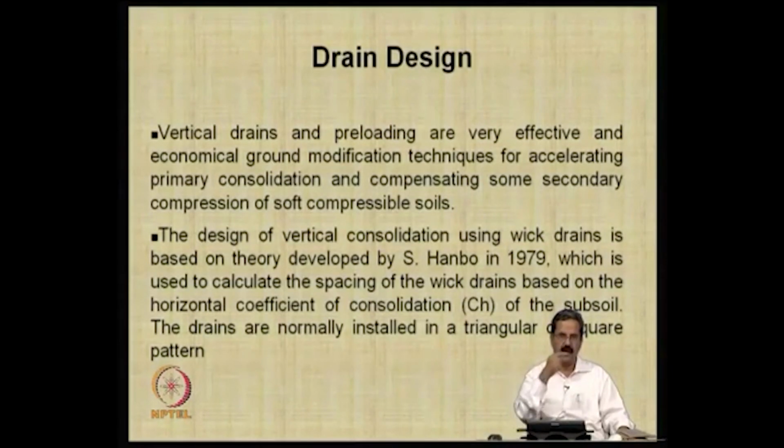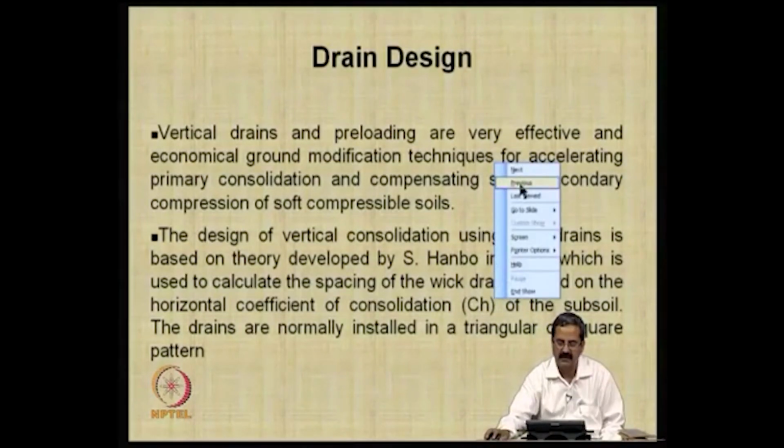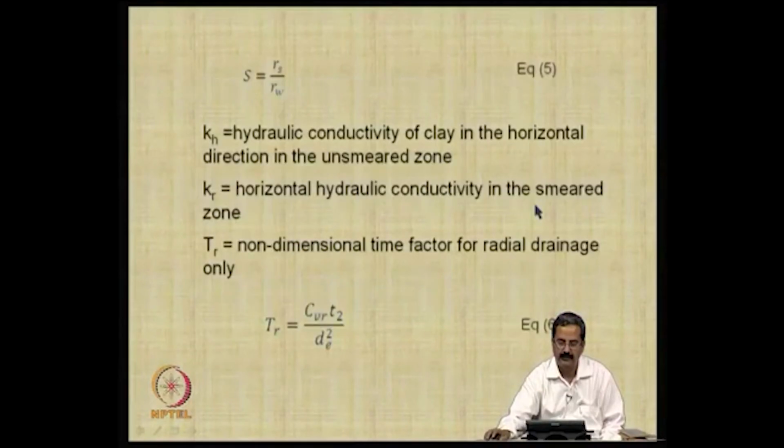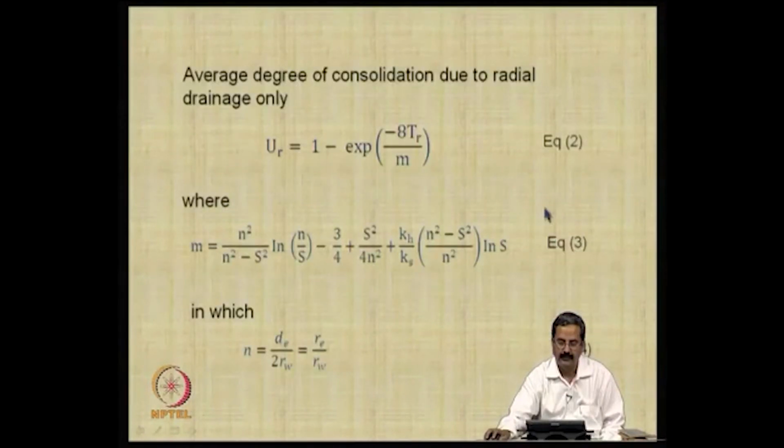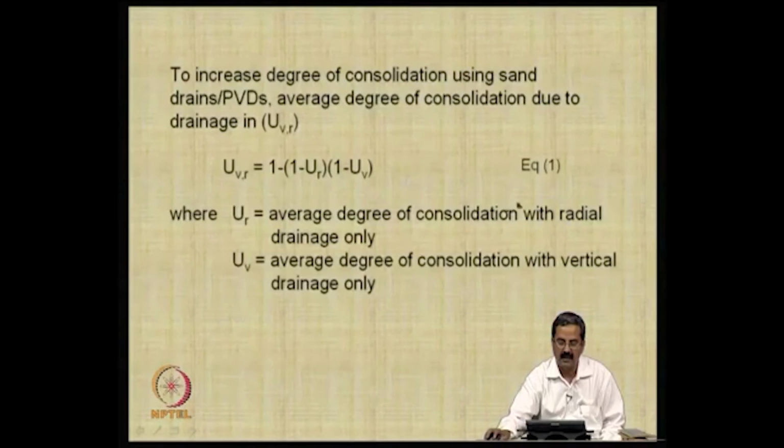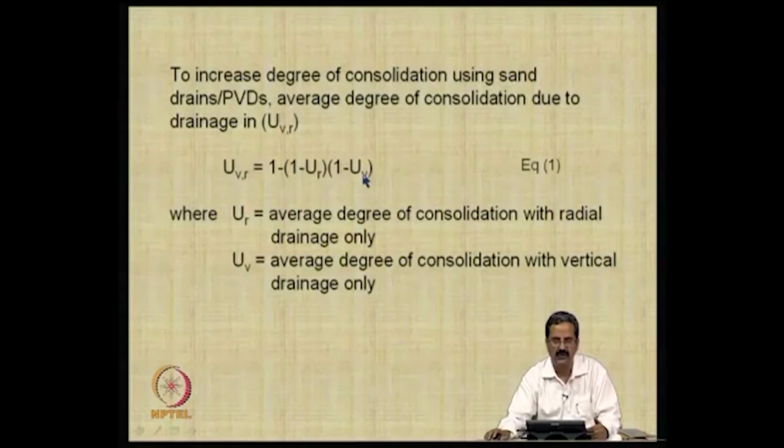Use those equations and go ahead with the design. U_R is to be calculated, and U_V we know from the fundamentals of soil mechanics, the vertical consolidation theory. Using the time factor and all that, one can calculate. You substitute that, and there will be a big difference. This is the one that causes a major difference, and this vertical consolidation is known. This is what you have to calculate.